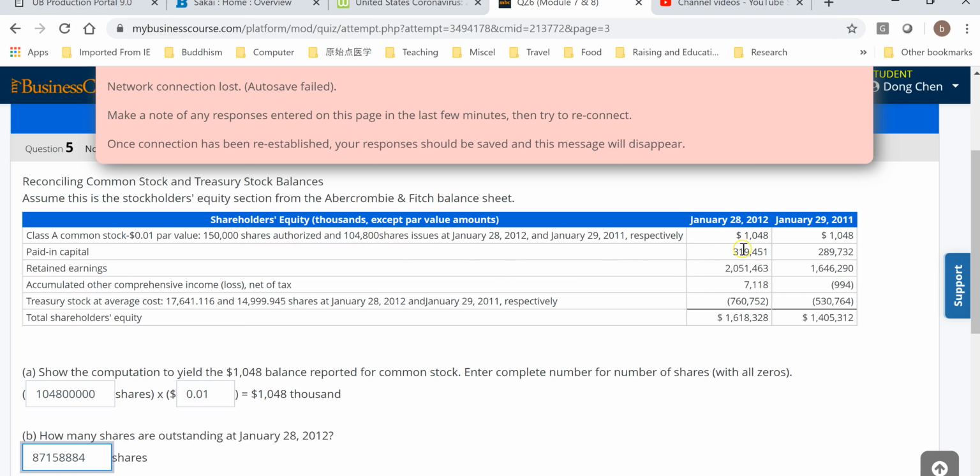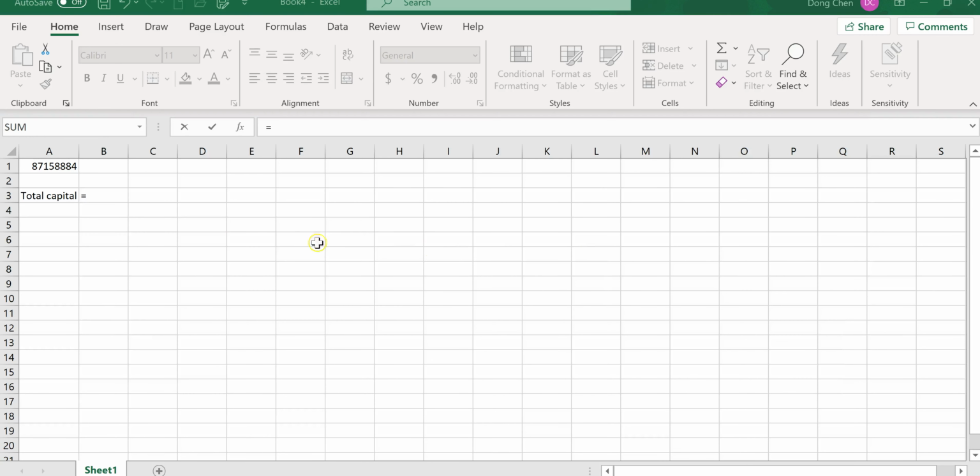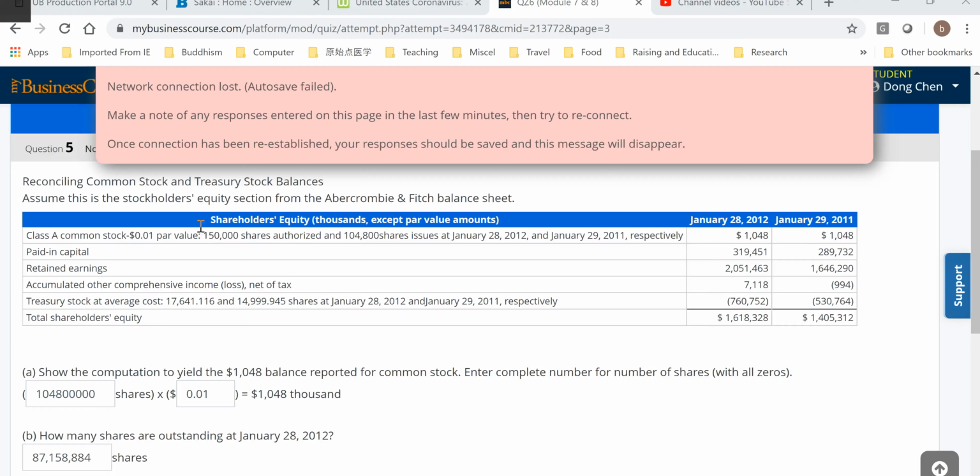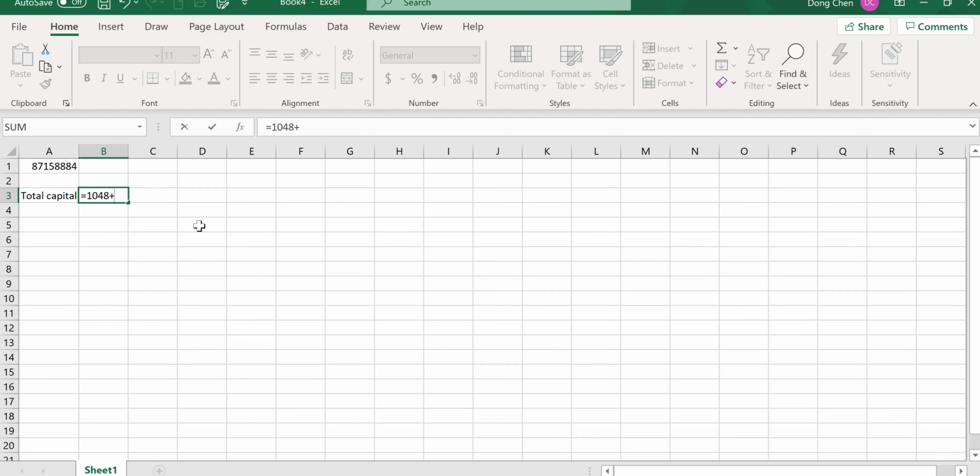So when we add these two numbers and divide by the shares, because we are calculating per unit, per share price, even if we use the $1,000 for both the numerator and the denominator, we can get the same answer. So it's going to be the same. We don't have to convert that into dollars instead of the $1,000 here.